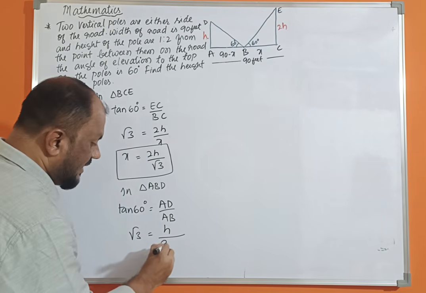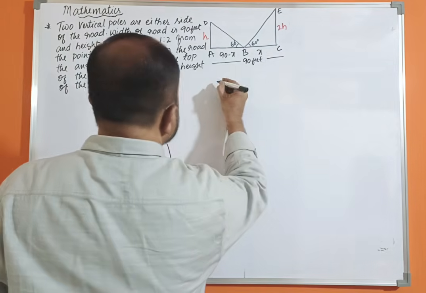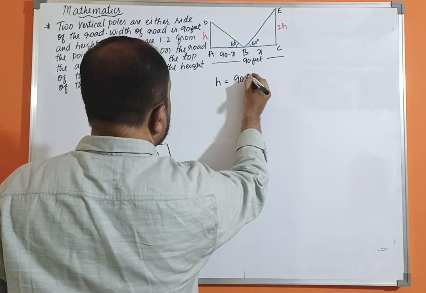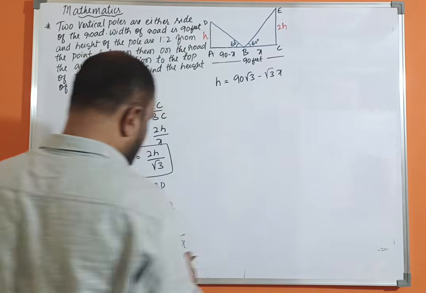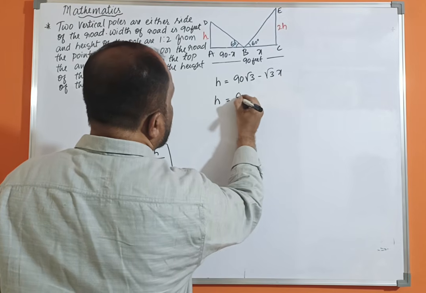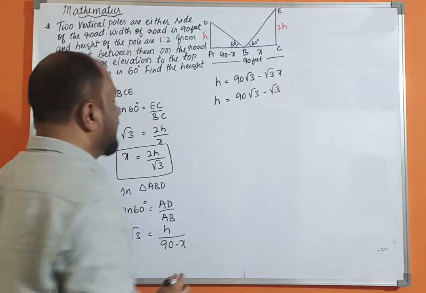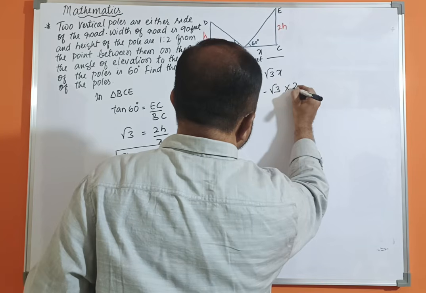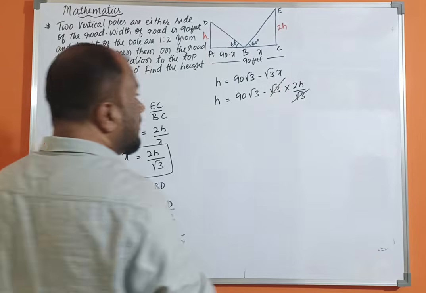AB is 90 minus X. Cross multiply: H is equal to 90 root 3 minus root 3 X. The value of X we know in terms of H: 2H by root 3. Root 3 into 2H divided by root 3, root 3 gets cancelled.